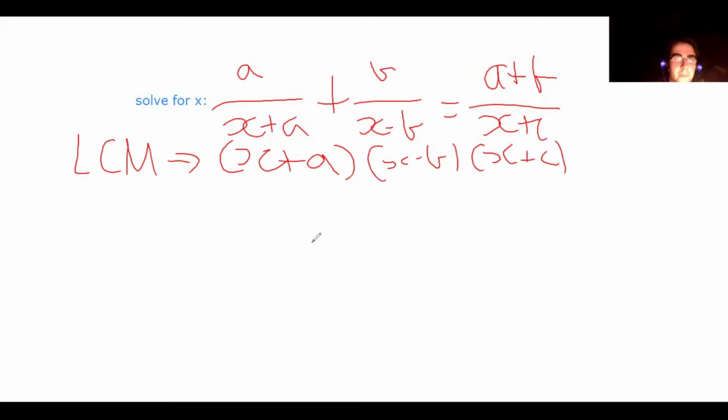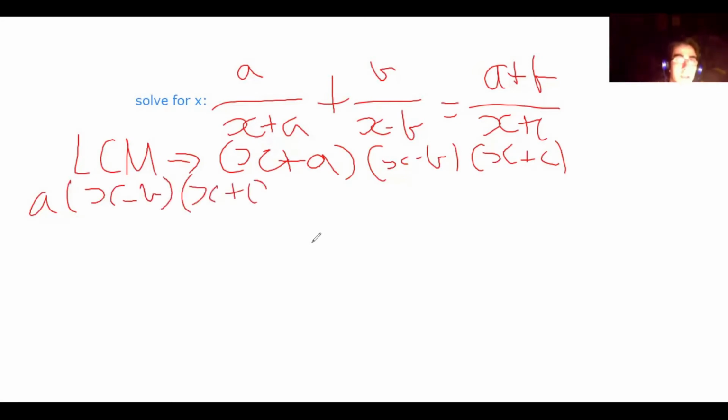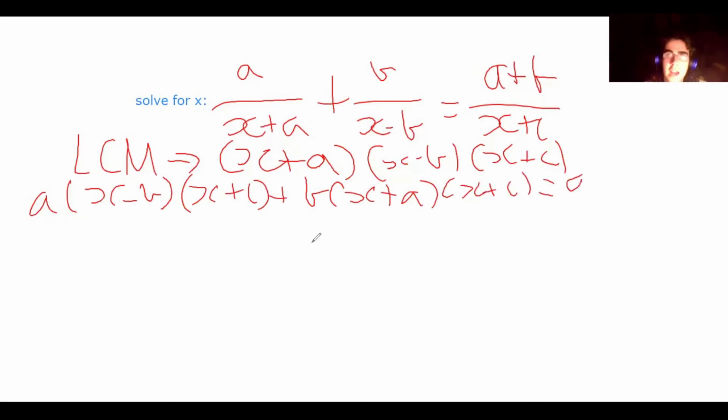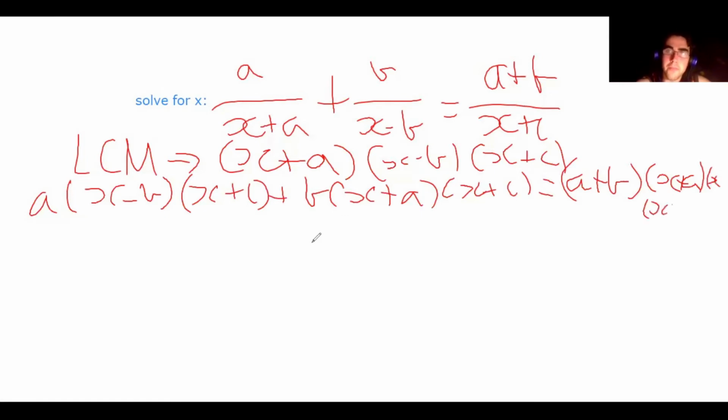When we do that, we get a(x minus b)(x plus c) plus b(x plus a)(x plus c), and that is going to equal (a plus b)(x plus a)(x minus b).